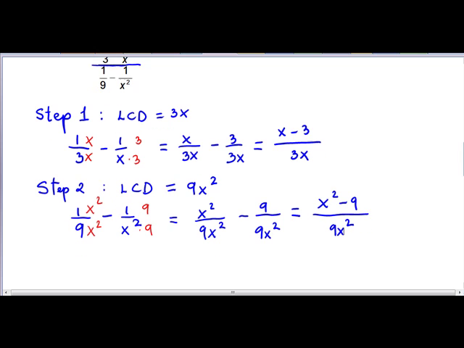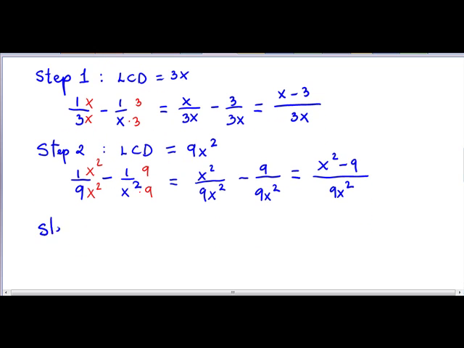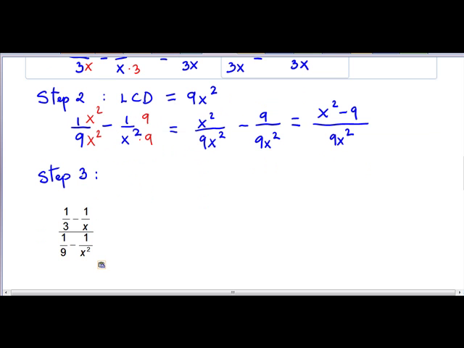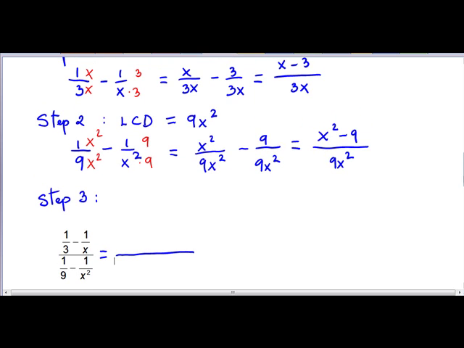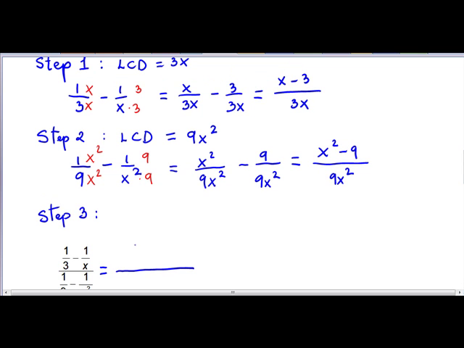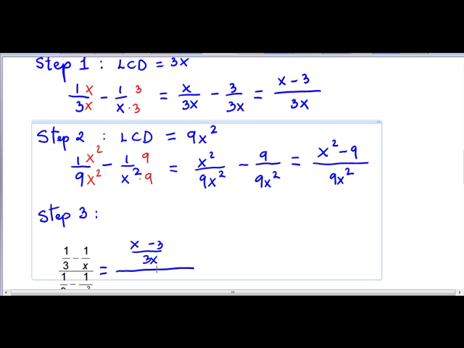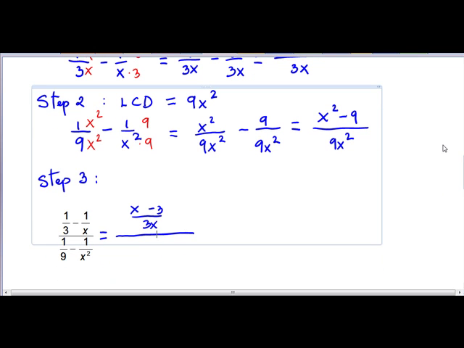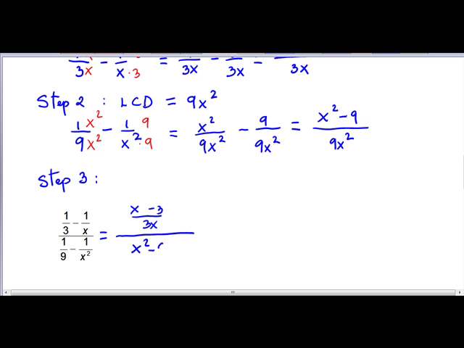Step 3. I just copy the problem down. Now we substitute the numerator from step 1, which is x minus 3 over 3x, and for the denominator from step 2, we get x squared minus 9 over 9x squared.